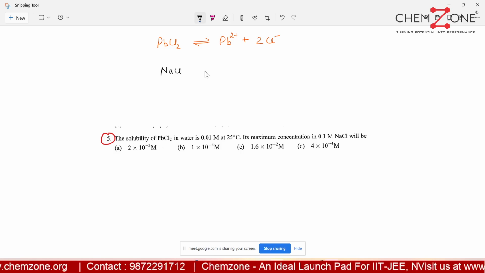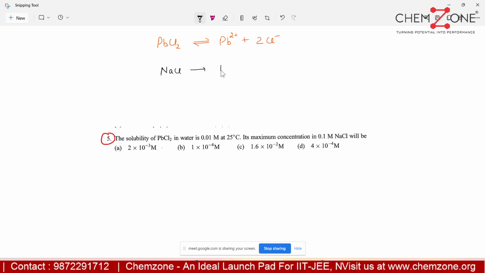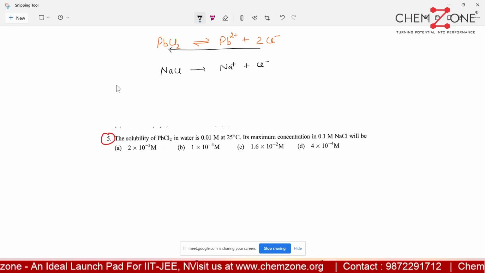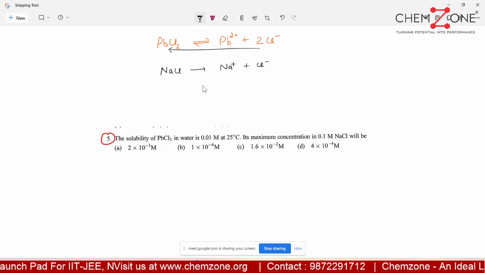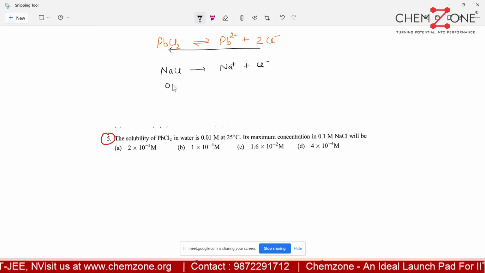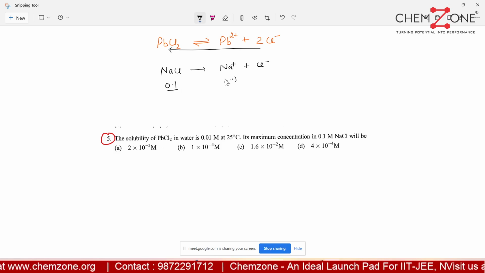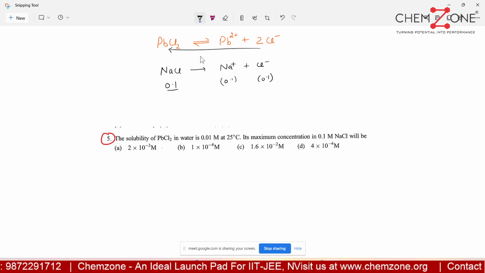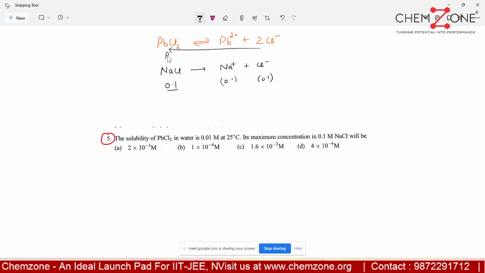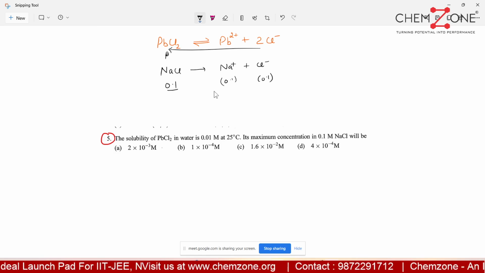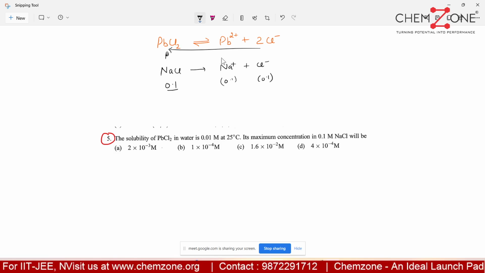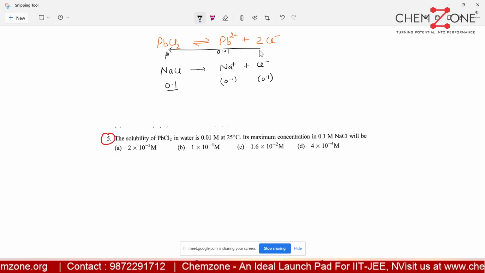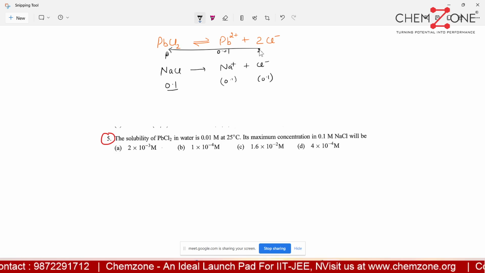If I dissolve this in NaCl, this is a strong electrolyte and the reaction goes in the backward direction. The concentration due to sodium chloride is 0.1, so the chloride will also be 0.1. But here, for PbCl2, solubility is 0.01, and chloride is twice into 0.01, meaning 0.02.